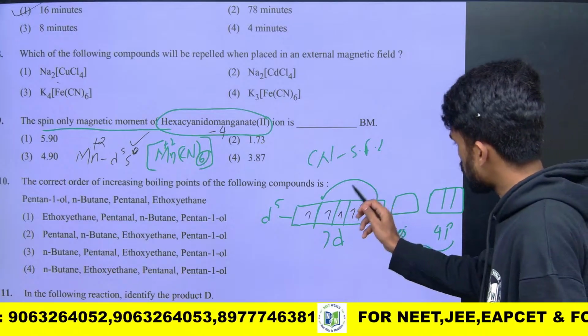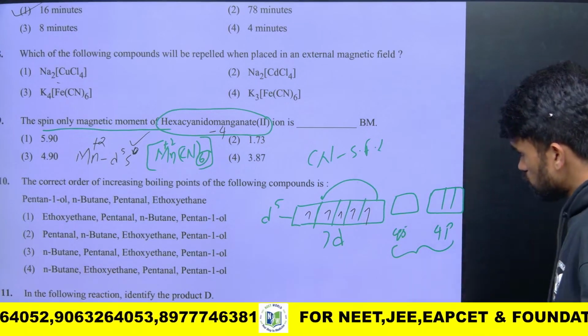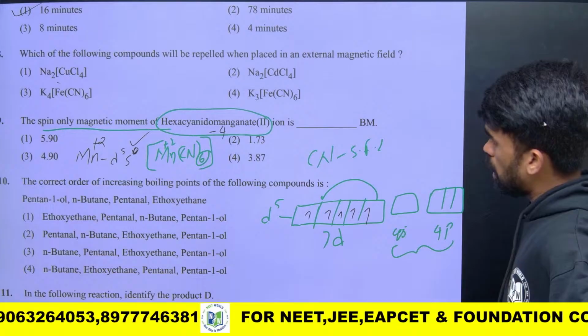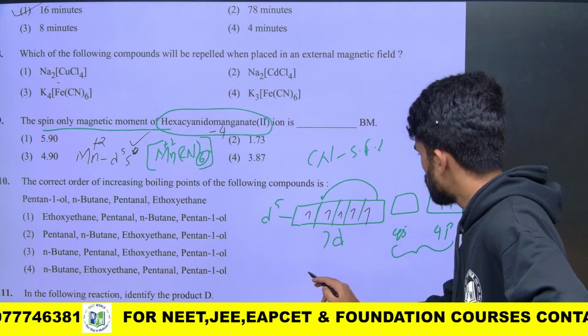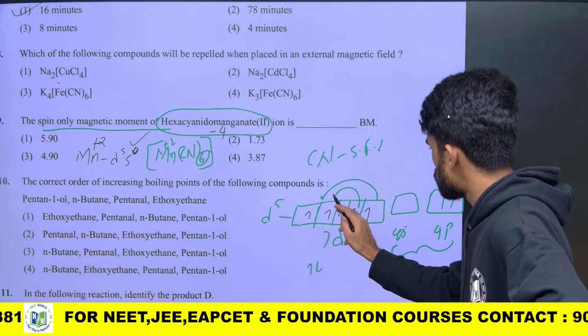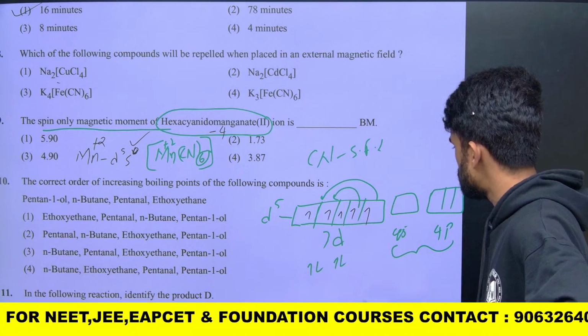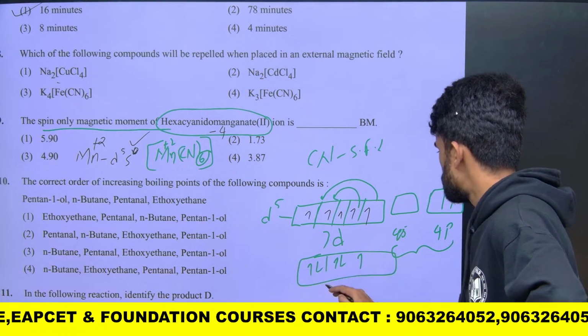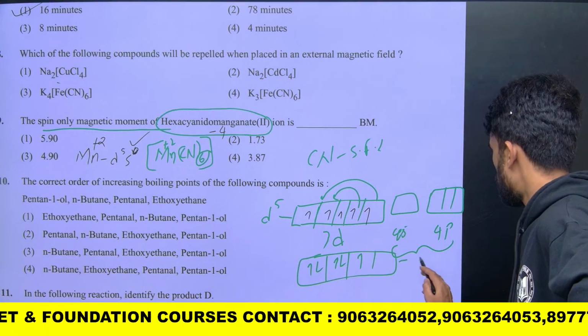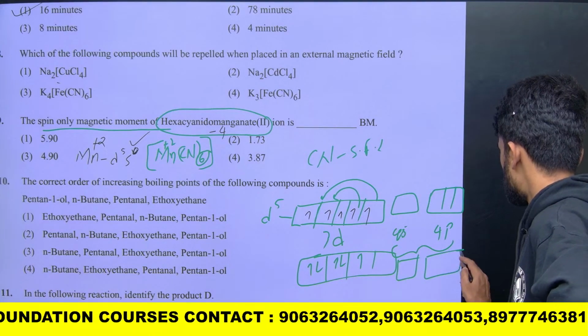So if we pair up, what do we have? It will become 2, and this can also pair up, and we have 1 unpaired electron in the orbitals. Here 1 empty, here 3 we have.